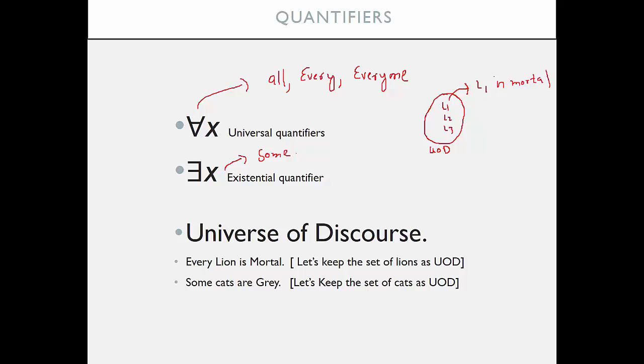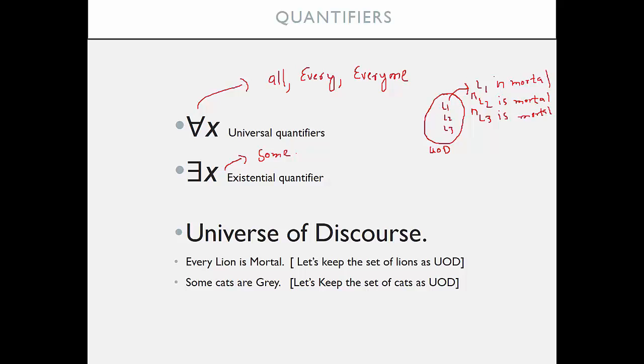Similarly, if I take L2 out and talk about it, L2 is mortal. Likewise, if I talk about L3, then L3 is mortal. Now, if you look at this, L1 is mortal and L2 is mortal and L3 is mortal, because it says that every lion is mortal.